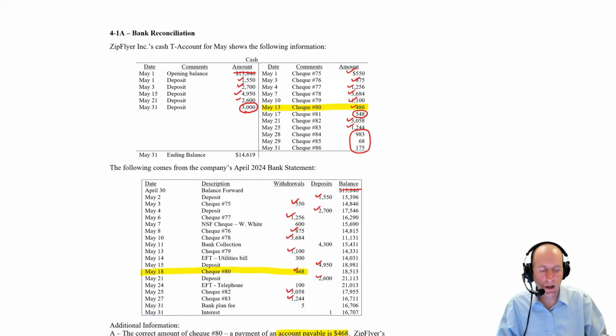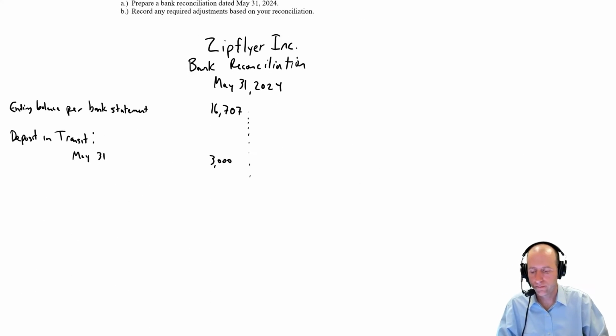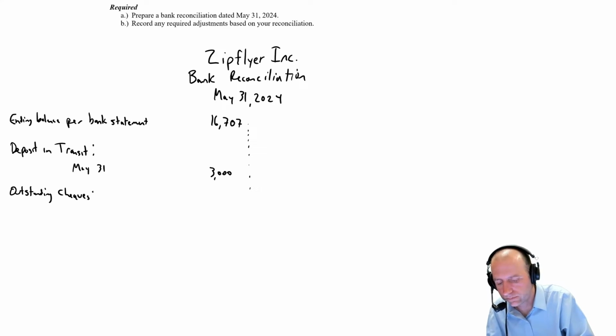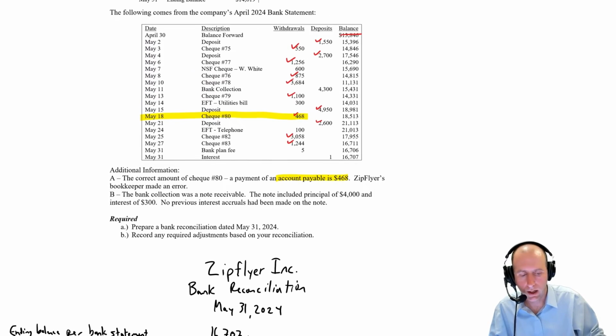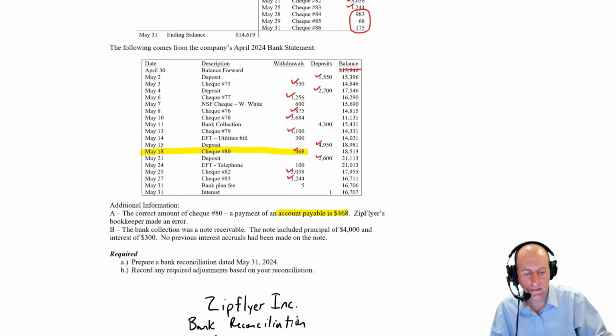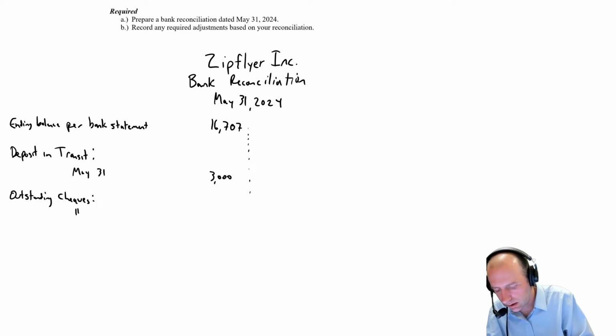Okay, so we have our outstanding checks. Those are the 4 items I've circled. Let's list them. I have to remember to change ink here. Outstanding checks. I'll just go by numbers here: 81, 84, 85, 86.